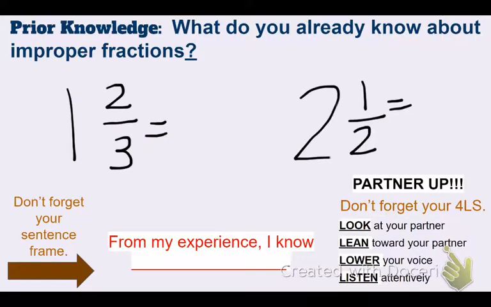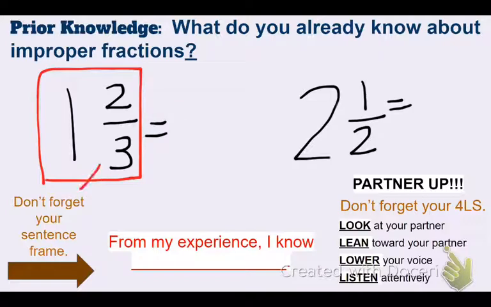All right, what do you already know about improper fractions? Well, hopefully you remember that this mixed number, 1 2/3, can be written as an improper fraction. When you multiply 3 times 1 and then add that numerator, you get 5. So 3 times 1 plus 2.